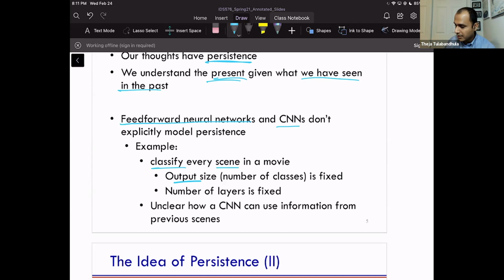The output is fixed, some classes, and the number of layers is of course fixed in a CNN. But it's unclear how a CNN can use information from the previous scenes or frames it has classified. If you're reapplying a classifier again and again, it's unclear how to use the previous classification outcome.